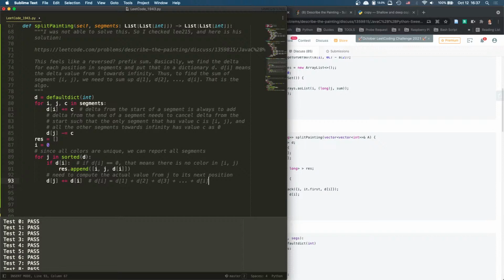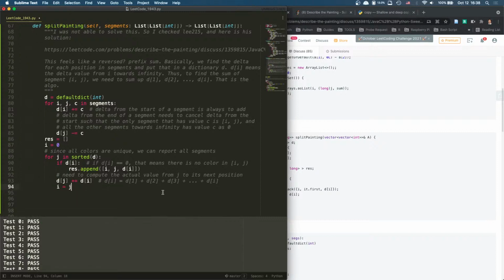So d[j] plus equals, we just sum everything up, right? And after that, i equals j, so we just swap the starting position, acquire the starting position of a new segment. Then we keep going on, and then return res at the end.